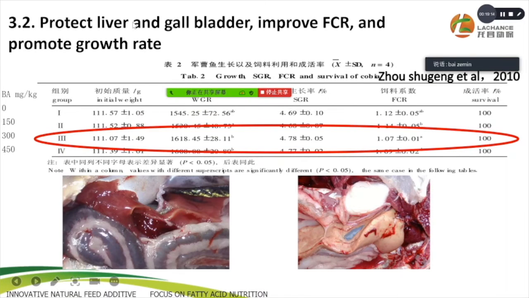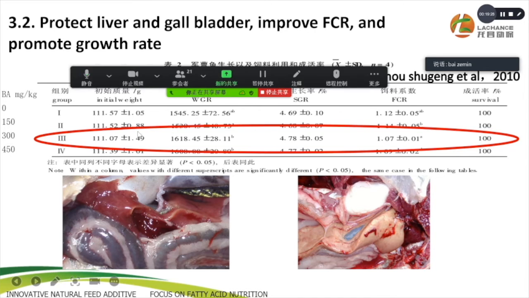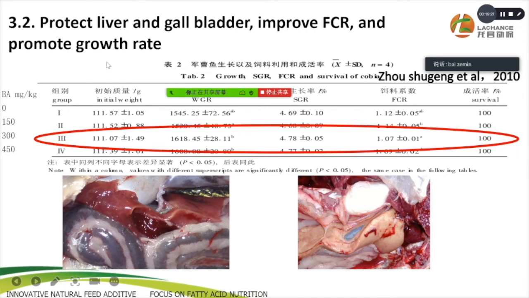And of course, just now we mentioned bile acid can protect the liver and gallbladder, improve the FCR, which is similar to feed efficiency, and also promote growth rate. This was done by other researchers from one of the universities in China. When we add 300 grams of bile acid per ton of feed, the initial weight is similar, 111.